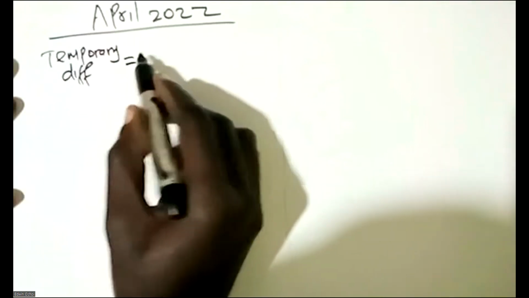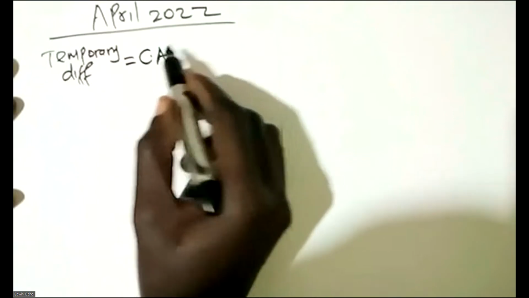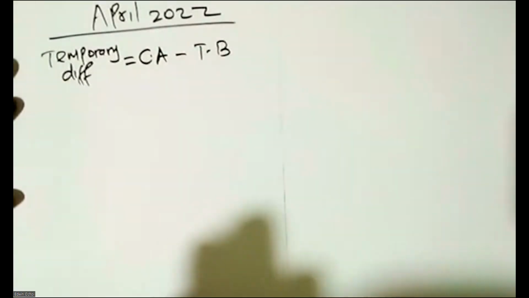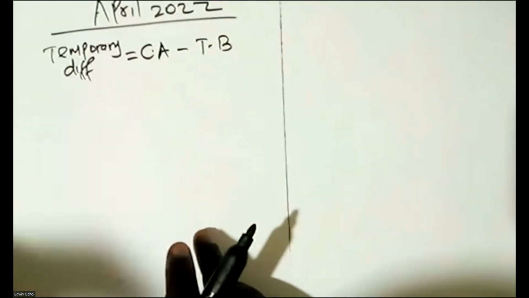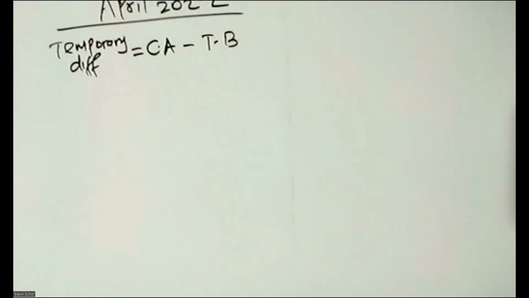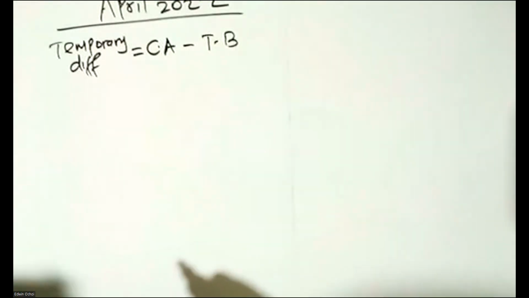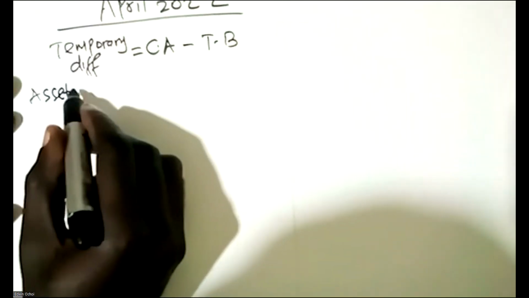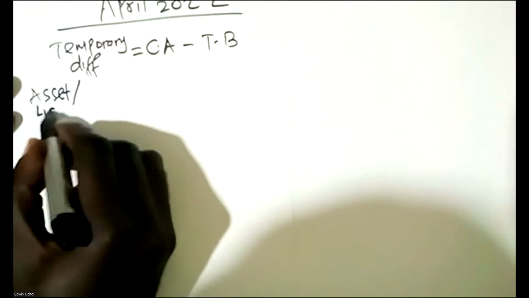So here they're asking about temporal difference, which is all about carrying amount minus tax base based on the assets and liabilities for that entity in that relevant period. So I will talk about assets, stroke liabilities.